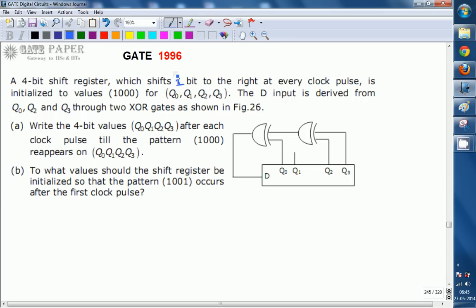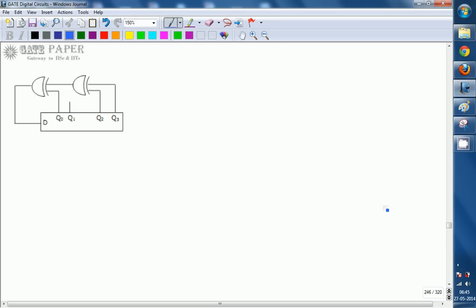Okay, so it was given that it is a shift right register. A shift right register is nothing but it is shifting towards the right. So Q0 will be shifted towards Q1, Q1 will be shifted towards Q2, and Q2 contents will be shifted to Q3.